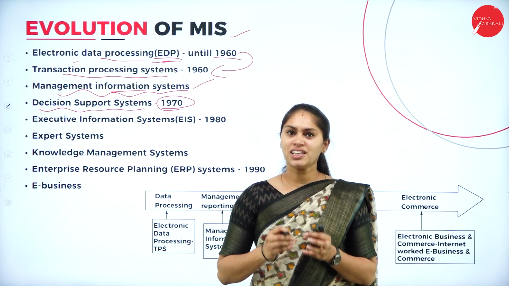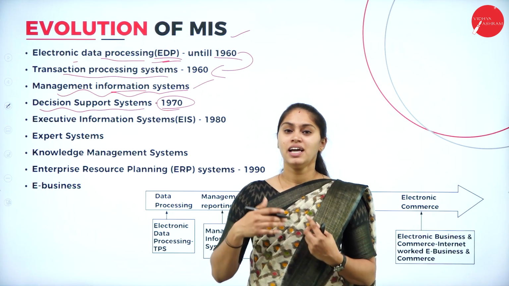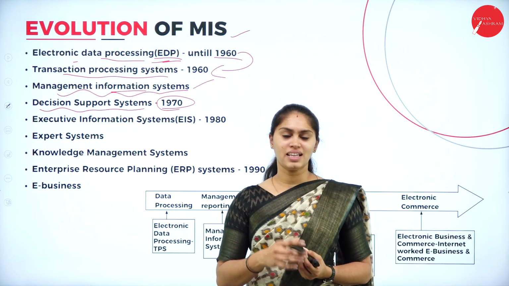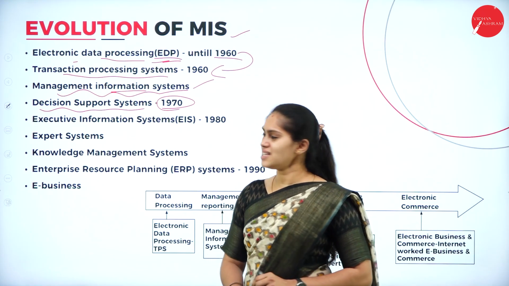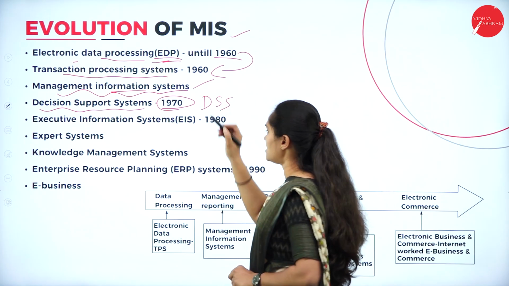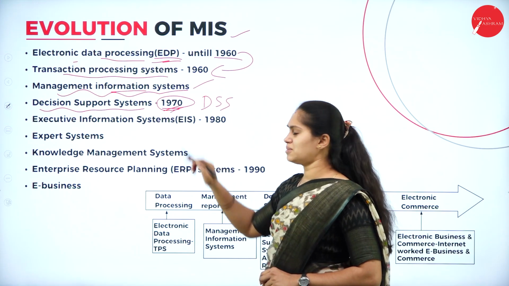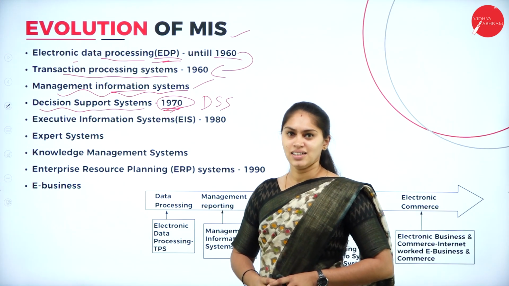But what if the computer is assisting us, or instructing us, to make the best decision? Then that kind of system is termed a decision support system. In short, we call this a DSS, or decision support system. That took place in the year 1970.